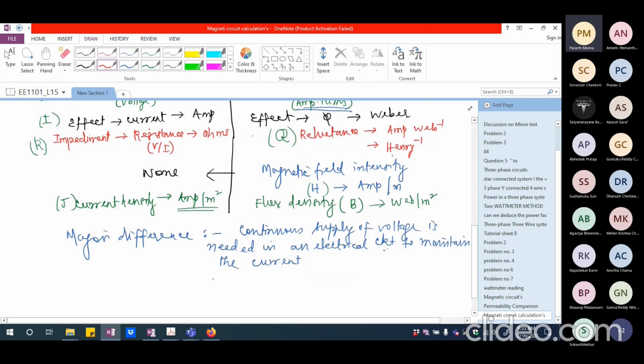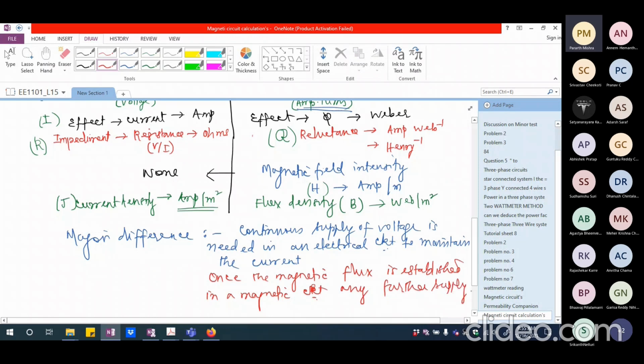Once the magnetic field or flux is established in a magnetic circuit, any further supply of MMF will only result in heat dissipation.